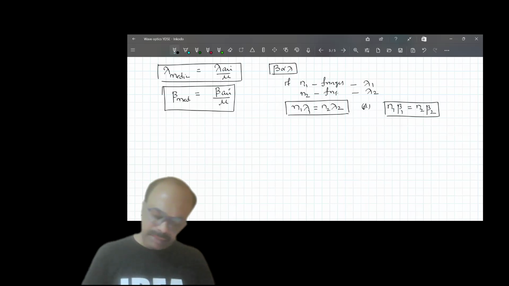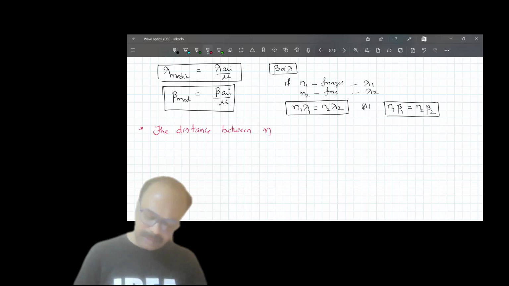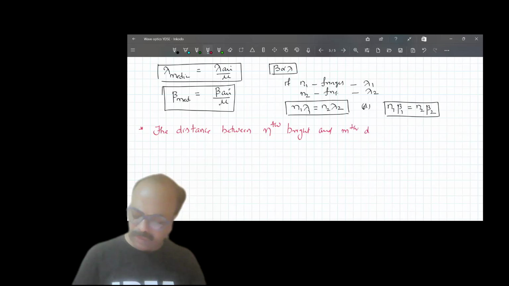Okay. And the next one, they can ask the distance between the nth bright and the mth dark.